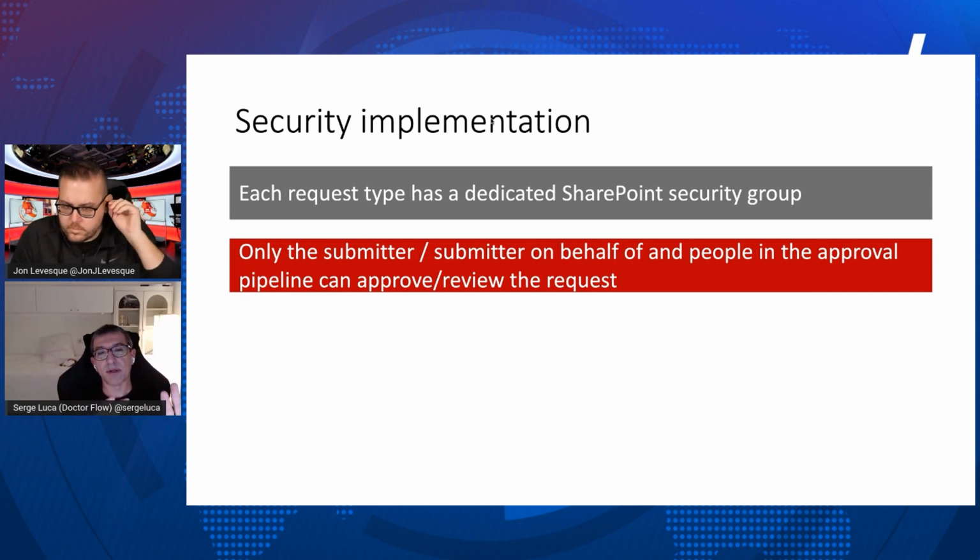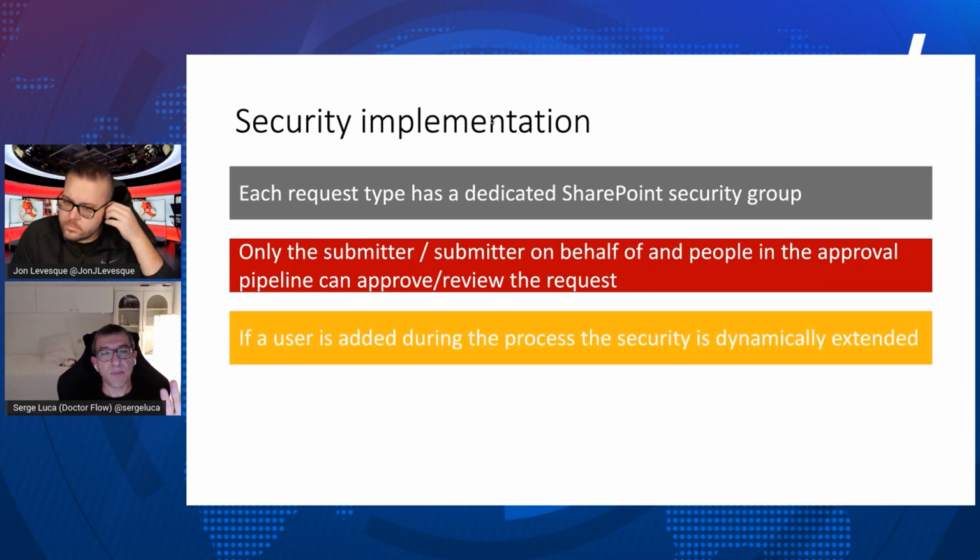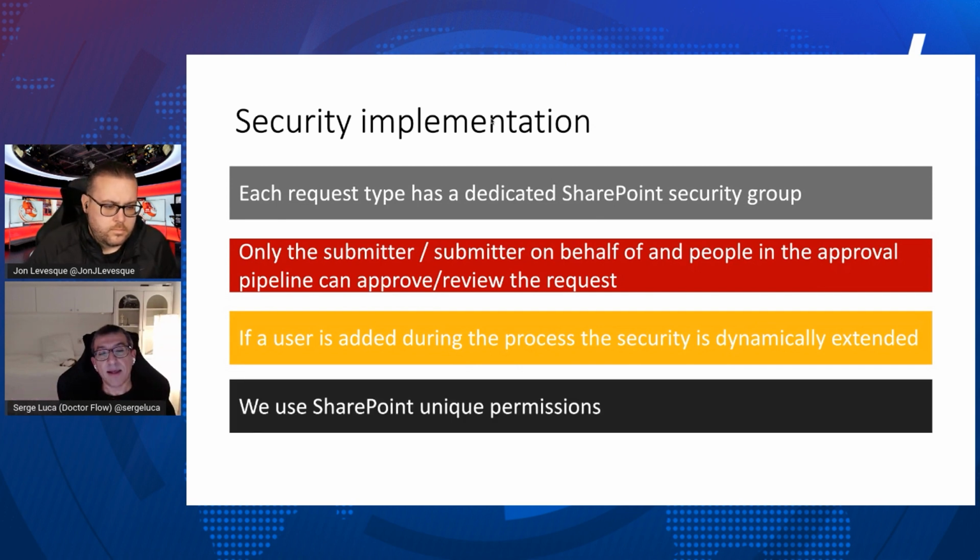Only these people. So if in the pipeline, you add additional people at runtime, these people must see your request information. And only these people. Okay? So this is very important. And in terms of implementation, we use the SharePoint unique permission, at least in the SharePoint version of the BPM toolkit.